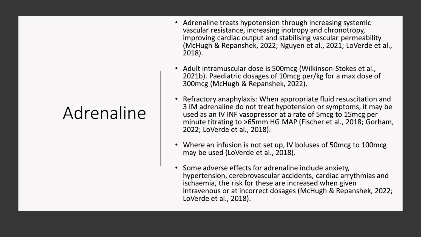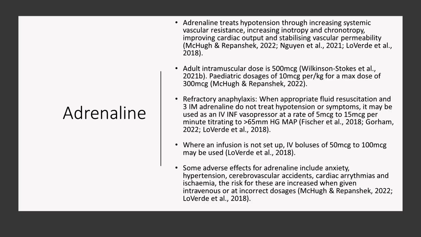The adult dose for intramuscular adrenaline is 500 micrograms, with the pediatric dose being 10 micrograms per kilo for a max dose of 300 micrograms. Refractory anaphylaxis can occur when there is an appropriate fluid resuscitation and 3 dosages of intramuscular adrenaline do not remedy hypotension or symptoms.